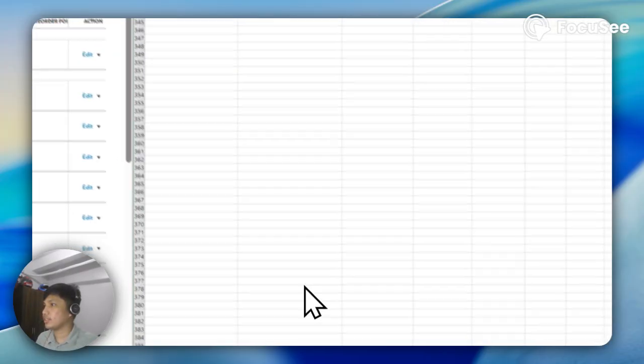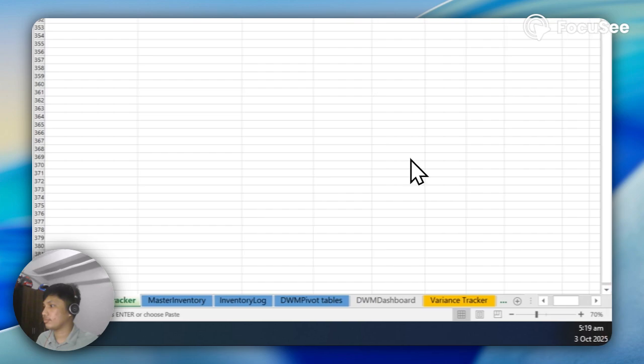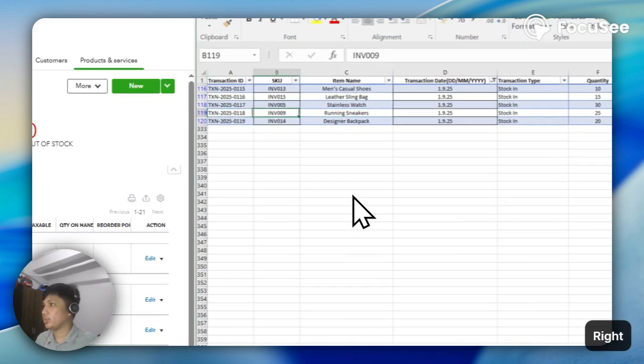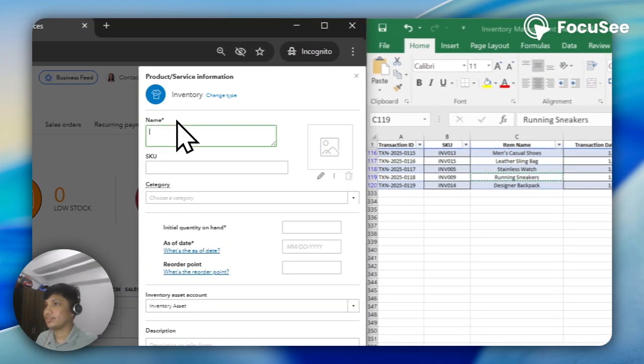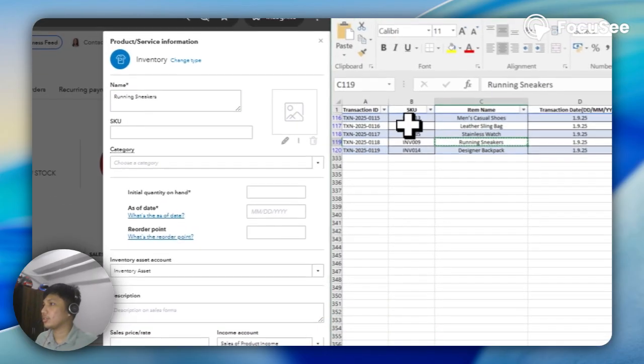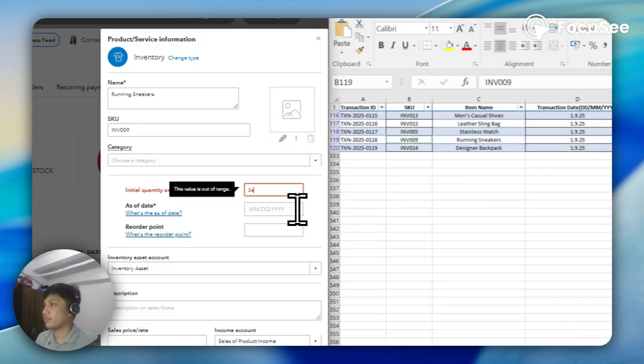And then I'm going to add running sneakers. It's very direct to the point, right? The SKU is INB September.